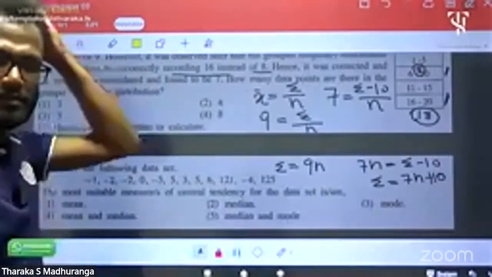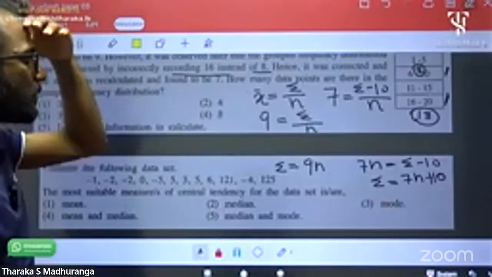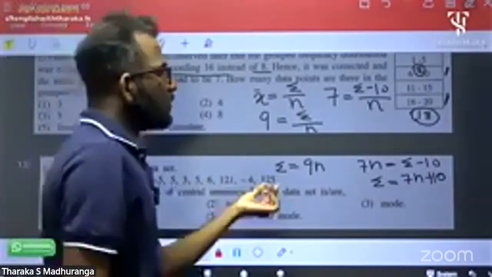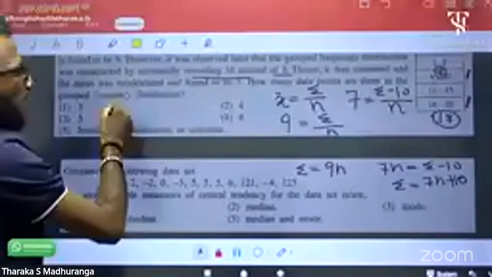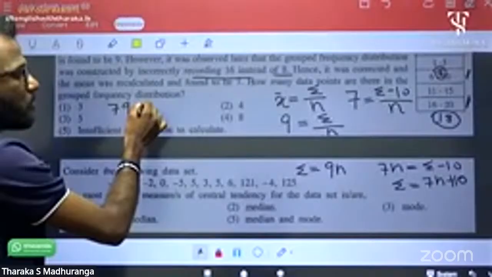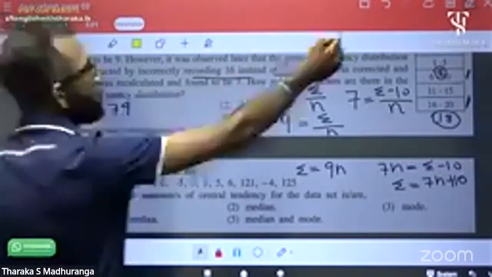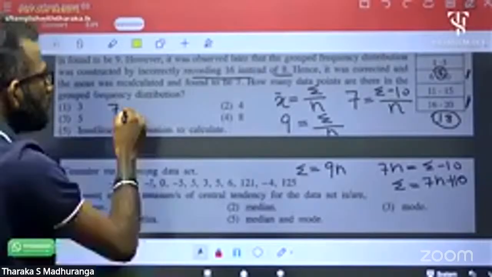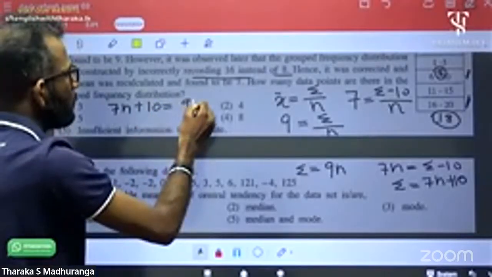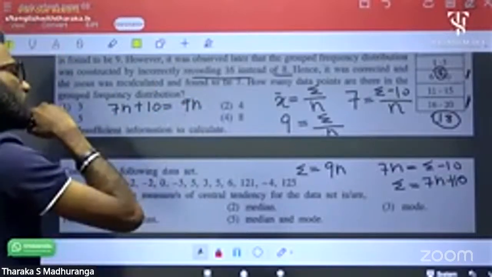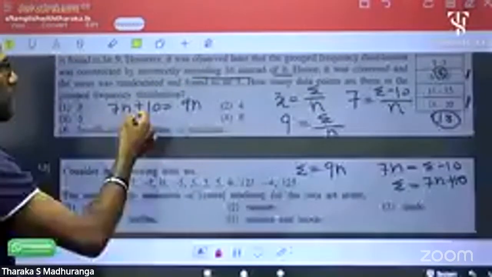Now 7n plus 10 equals 9n. Take 7n to this side: 9n minus 7n is 2n.